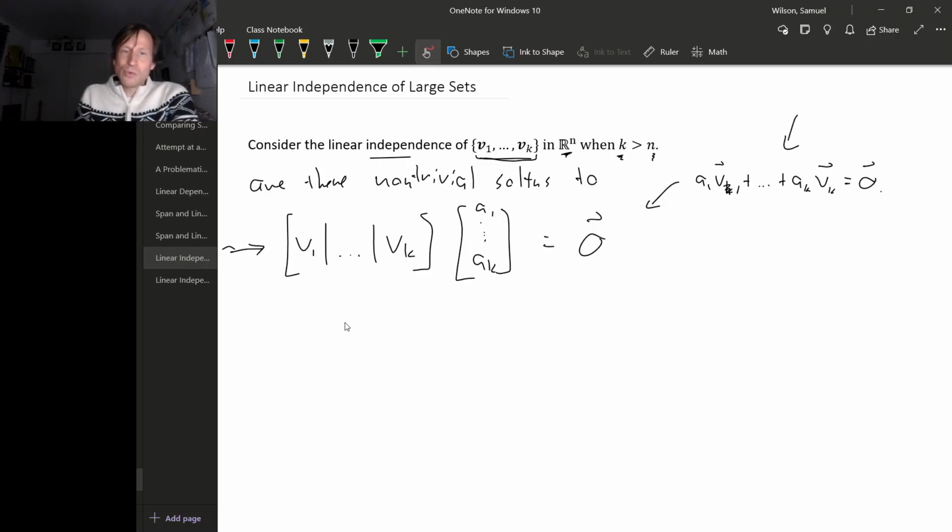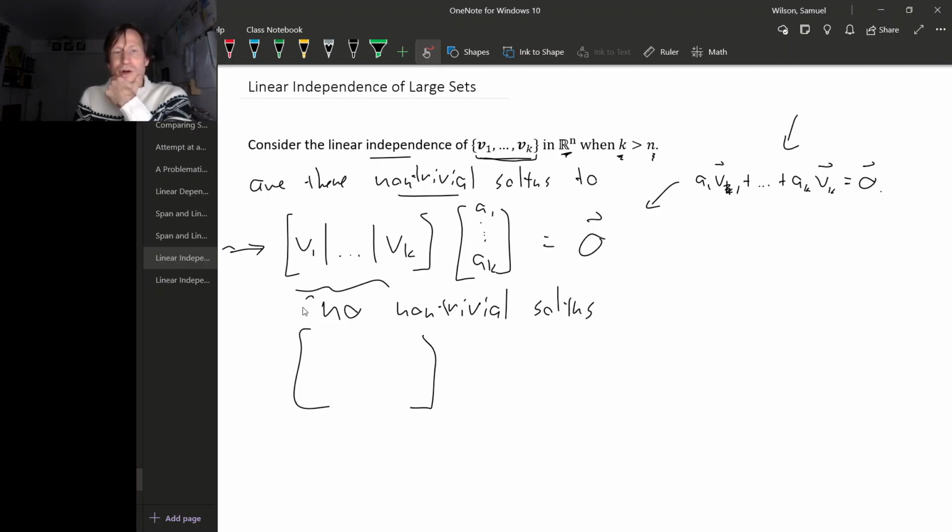Okay, so we need to know, is it possible to have non-trivial solutions to this equation? What would it mean to have no non-trivial solutions? What would we need from this matrix? To solve this system, we would row reduce it. And to have no non-trivial solutions, the only solution would be the 0 vector.